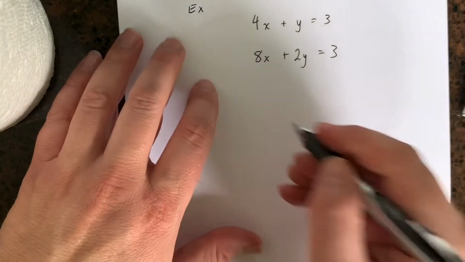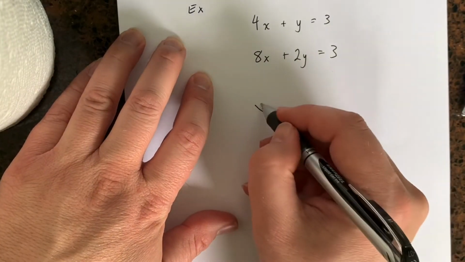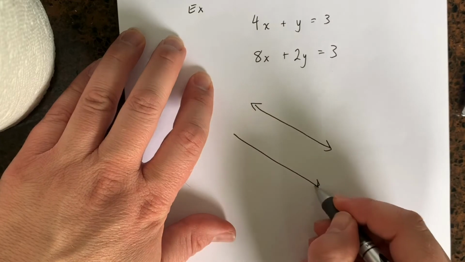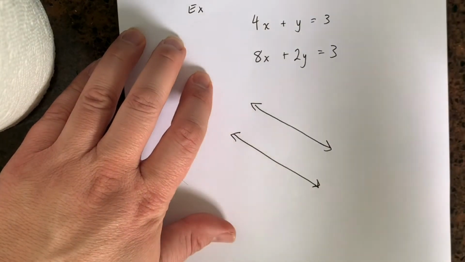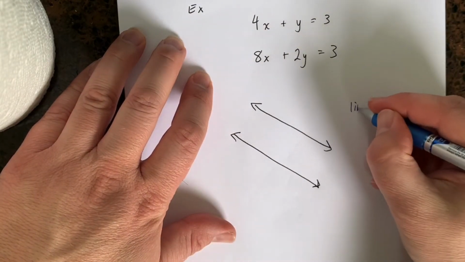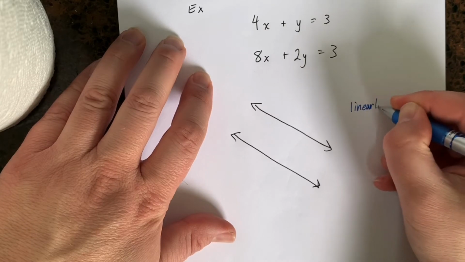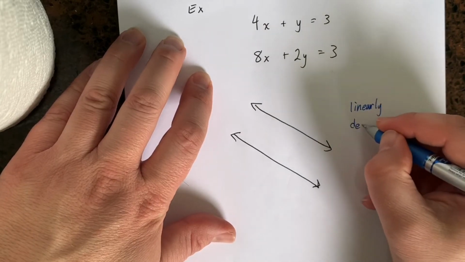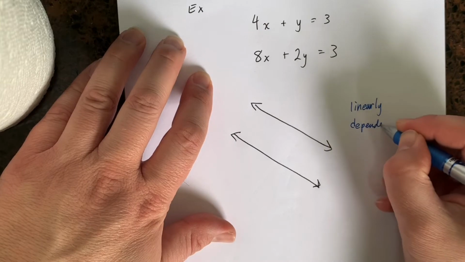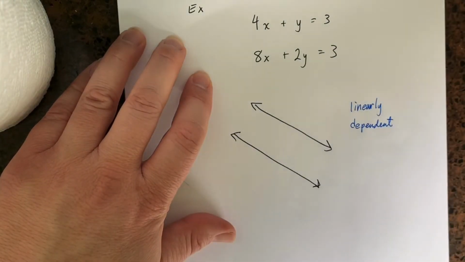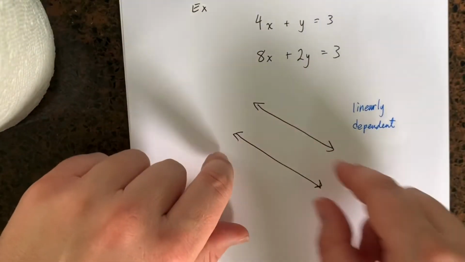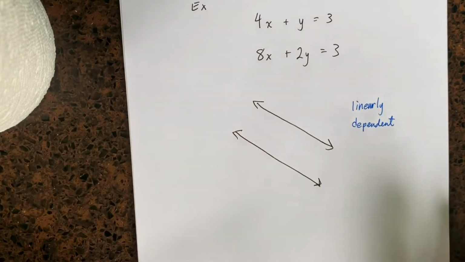So these vectors are linearly dependent. And so I'd have no solutions because they're parallel lines.